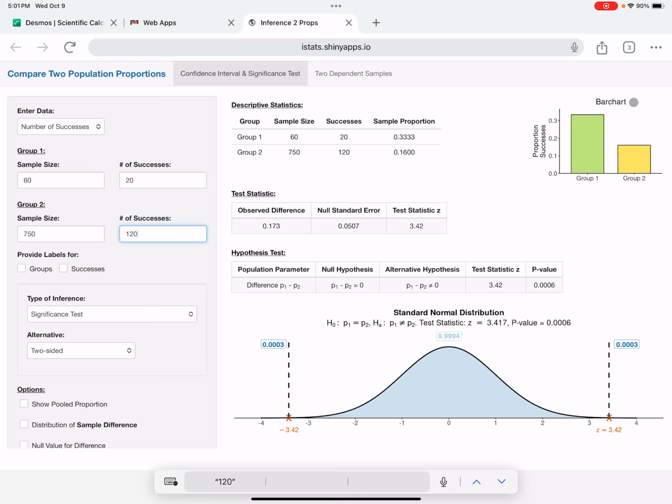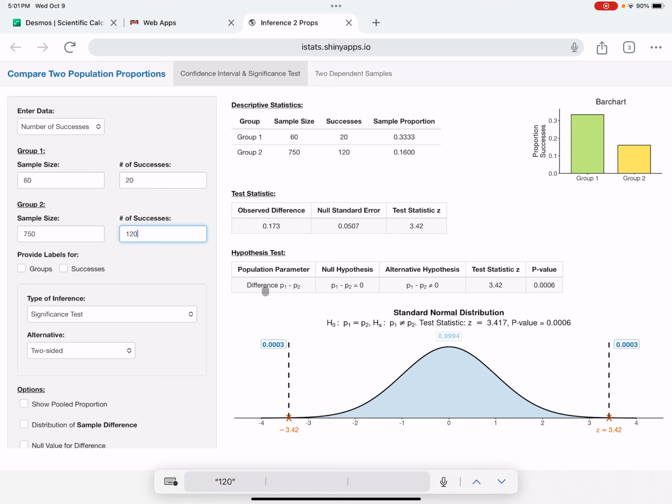You can see they give you a nice little bar chart over here so you can compare the groups visually. You can also see the sample proportions that we computed a second ago right here. You have your test statistic right here, in case in the homework you're prompted to enter it. You can see it here or here. And then, of course, the p-value is what we're really here for.